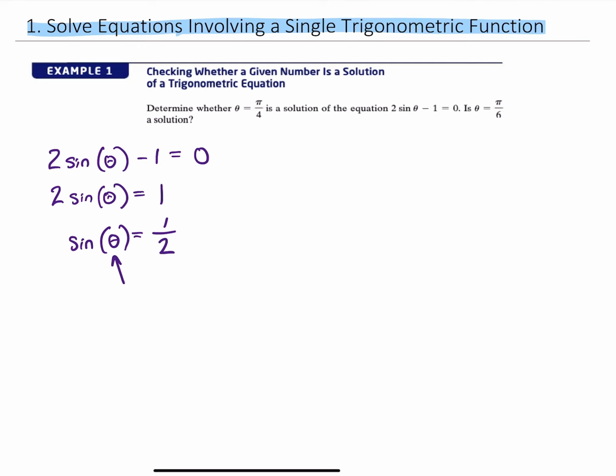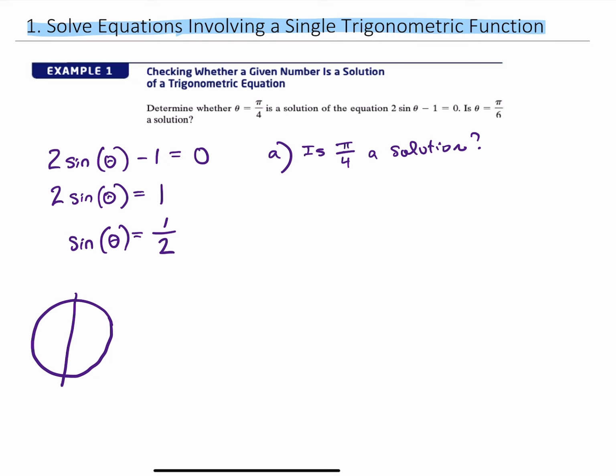Well, it gives us a couple of suggestions in this question. We'll call this part A: is pi over 4 a solution? Let's imagine the angle pi over 4 in the first quadrant, which has the coordinate point root 2 over 2, root 2 over 2.